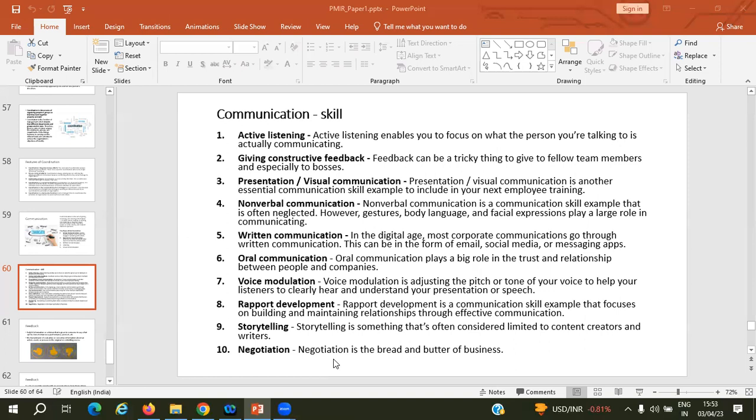How good you are in listening, in writing, in oral communication, body language. Suppose you are speaking with someone, how good you are in expression, negotiation, whether you are negotiating or you are silent. You can analyze yourself with all these skills.